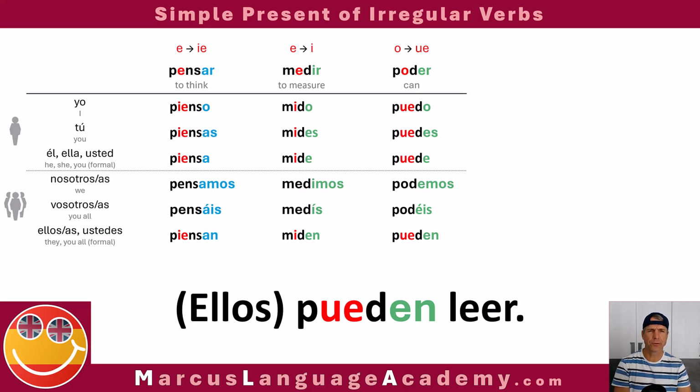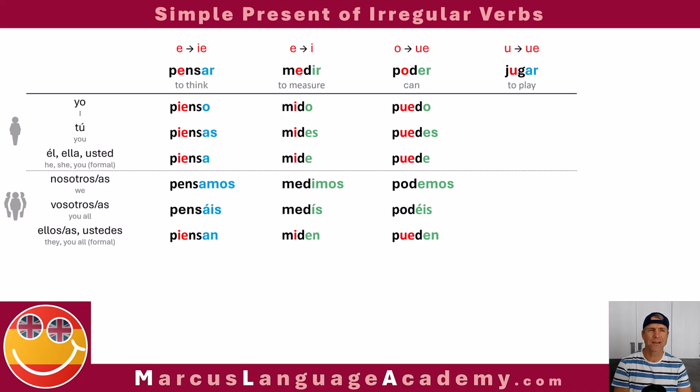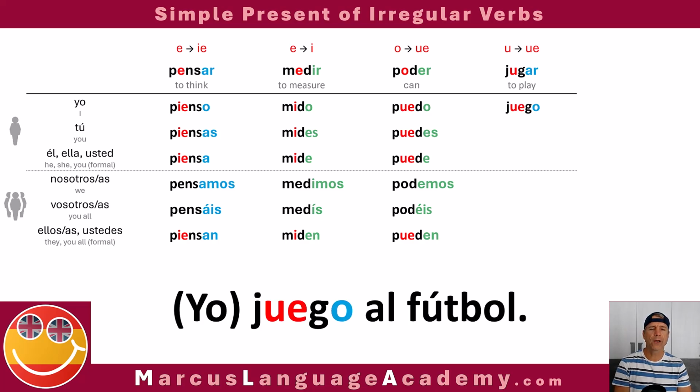One more group. We have some verbs that have a U and change it to UE, something similar to our third group with poder. Let's see the example, jugar, to play. Yo juego al fútbol. Jugar ends in AR, so it's again the blue ending group.